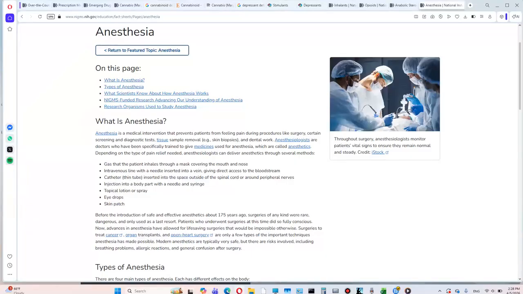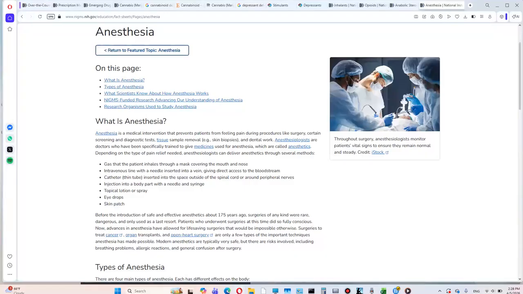Before the introduction of safe and effective anesthetics about 175 years ago, surgeries of any kind were rare, dangerous, and only used as a last resort. Patients who underwent surgeries at this time did so fully conscious. Now, advances in anesthesia have allowed for life-saving surgeries that would be impossible otherwise.